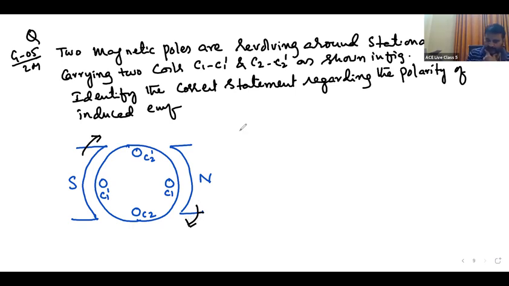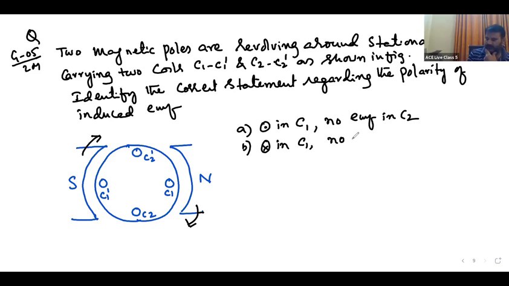Now the options are: option A, dot in C1, no EMF in C2. B, cross in C1, no EMF in C2.